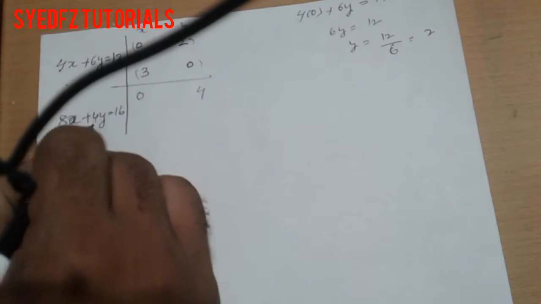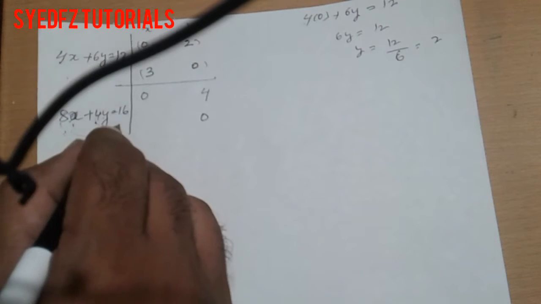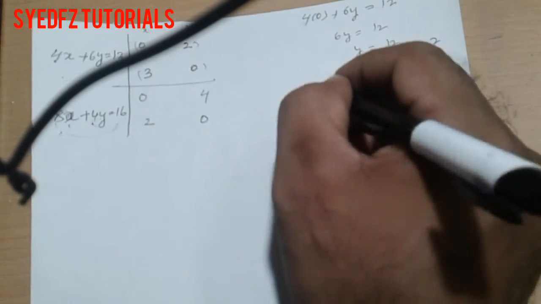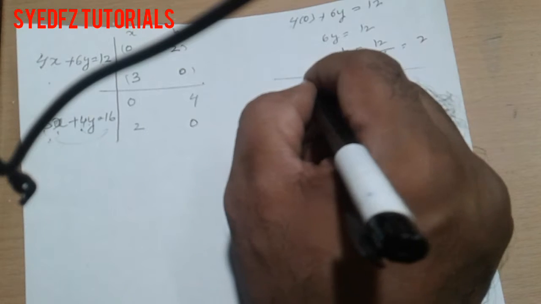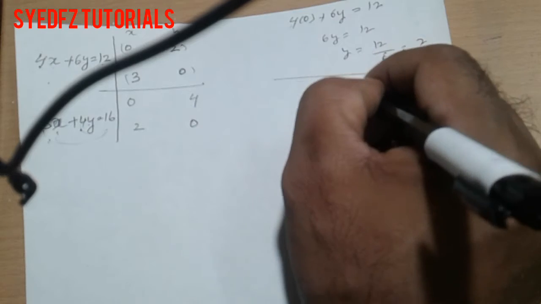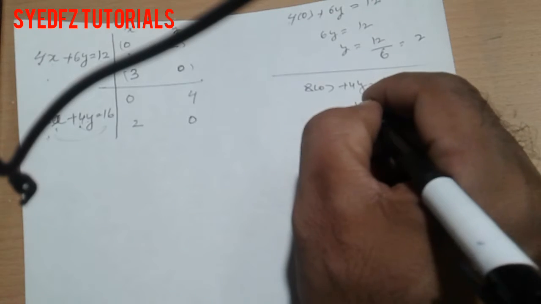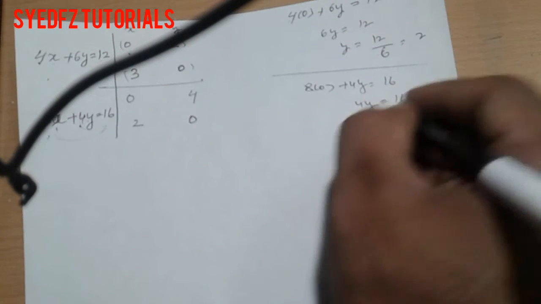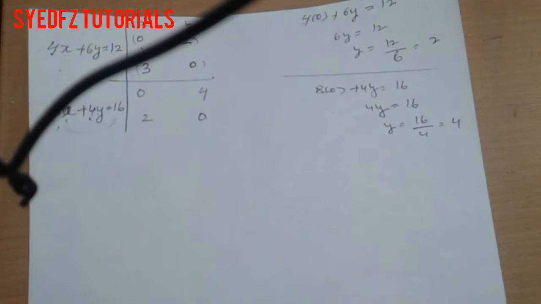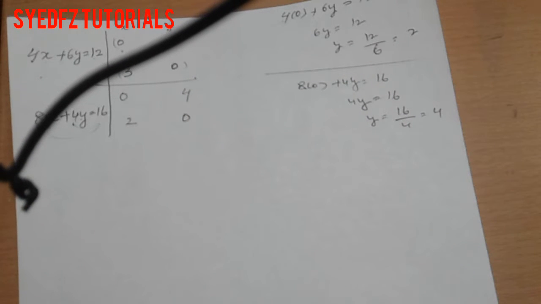Now put 0 in y, so 8 goes under the 16, which gives 2. Like 8 times 0 plus 4y is equal to 16, then y is equal to 16 divided by 4. The same things I have taken. So we got the points.